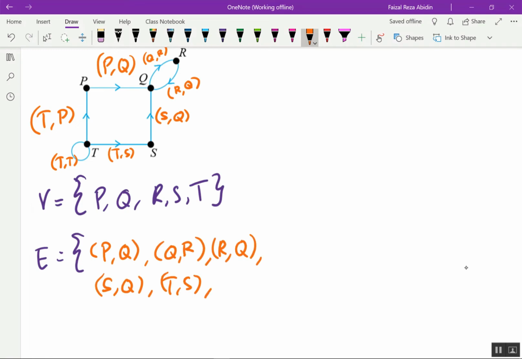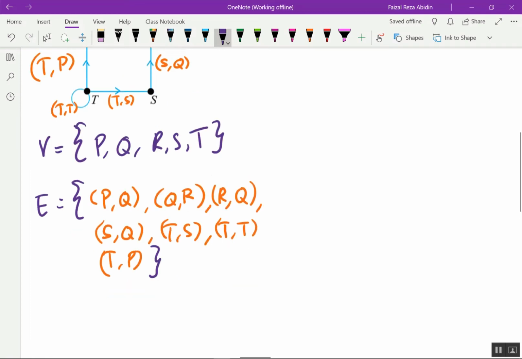Next is TT. And lastly is TP. So the number of edges over here is the same: 1, 2, 3, 4, 5, 6, 7. So for this one also, I want to find my sum of degree, which is 2 times 7, I have my 14 over here.